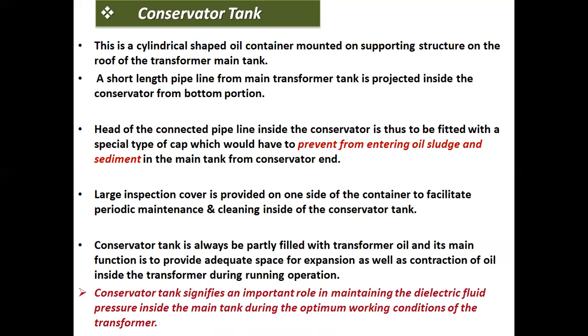The head of the connected pipeline inside the conservator is fitted with a special type of cap, which would prevent oil sludge and sediment in the conservator from entering the main tank.